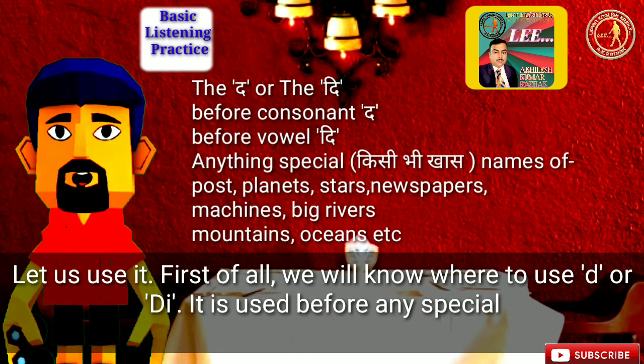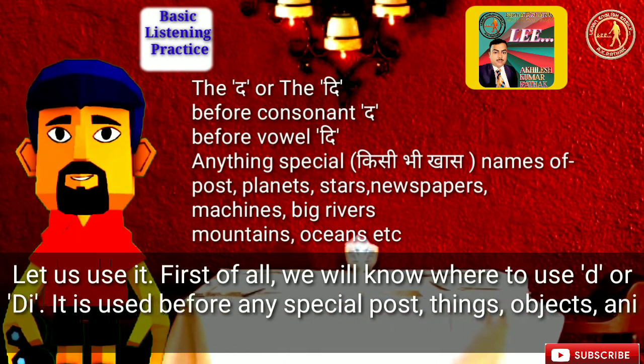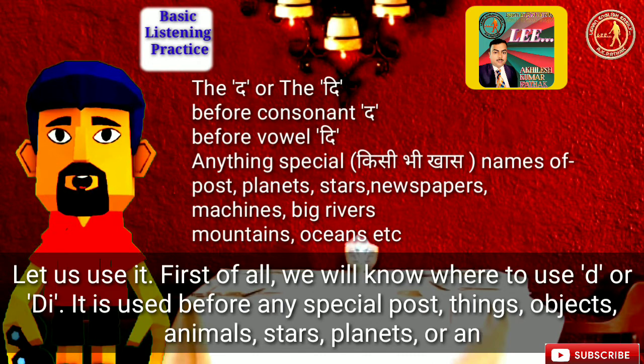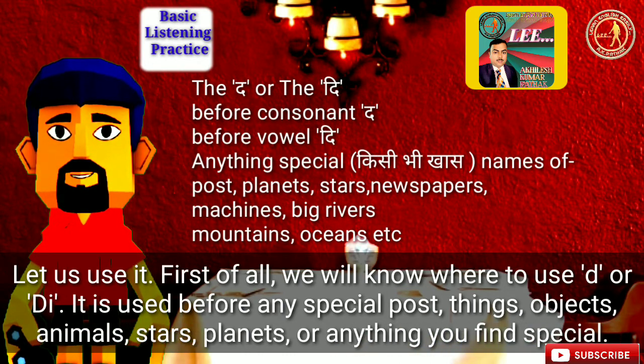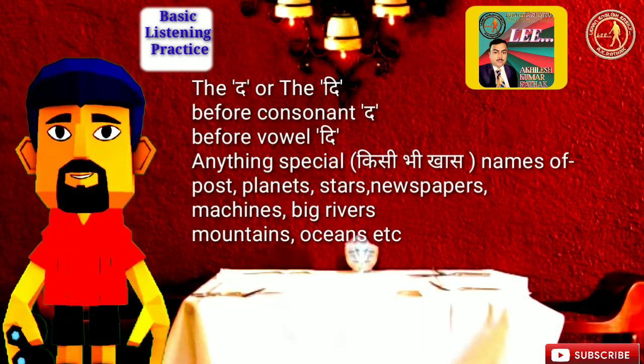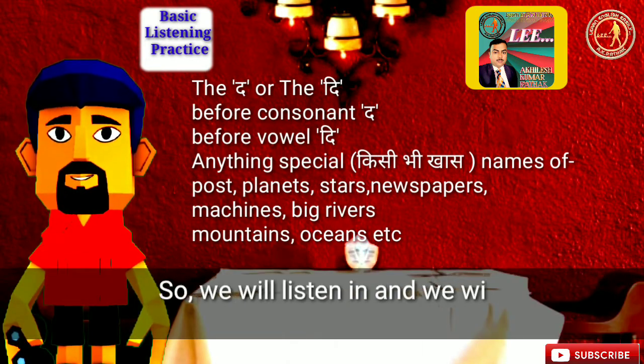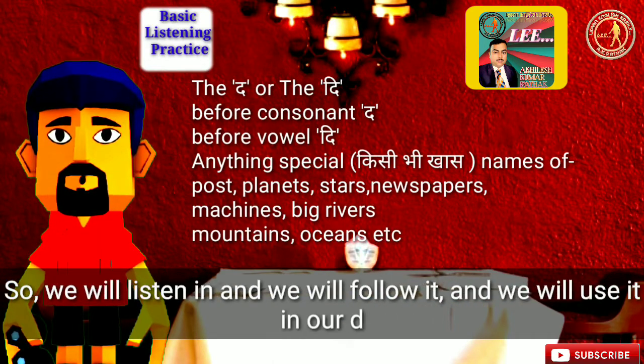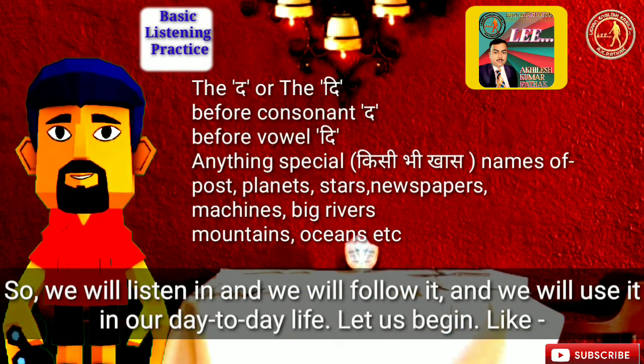It is used before any special post, things, objects, animals, stars, planets, anything you find special. So we will listen to it, follow it, and use it in our day-to-day life.